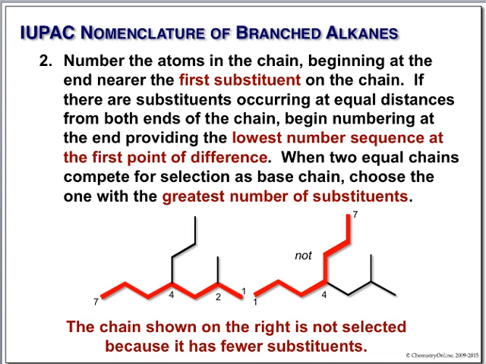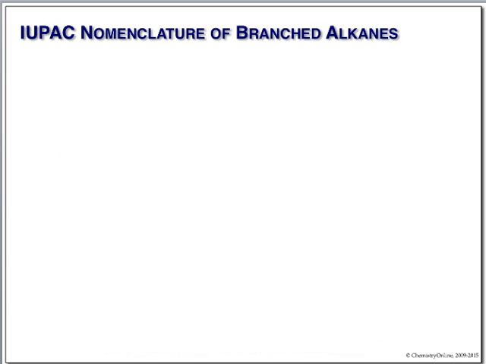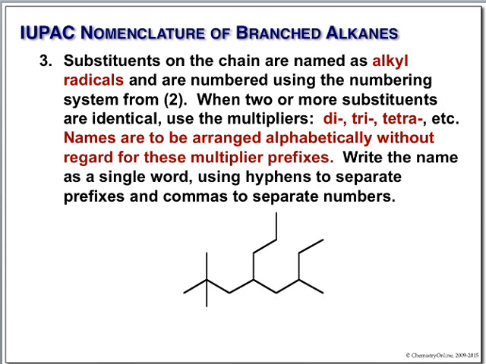If we had started numbering here, our first substituent would be at carbon 4. If we start numbering here, as I've shown, our first substituent is at carbon 2. So that wins. All right, finally, I guess we didn't name it. Let's go ahead and just finish this and then we'll name some.